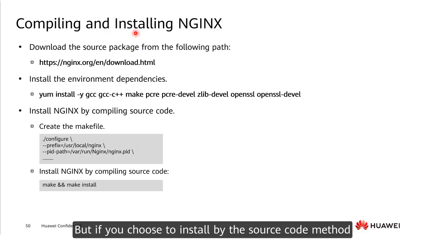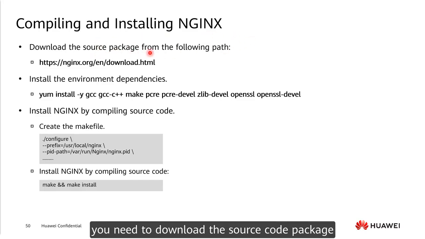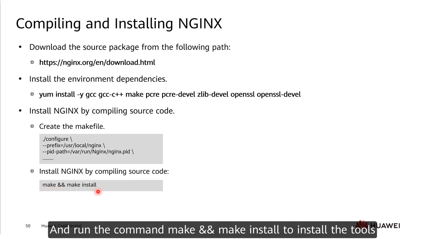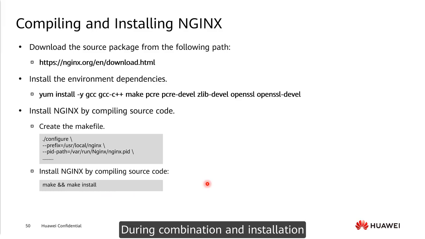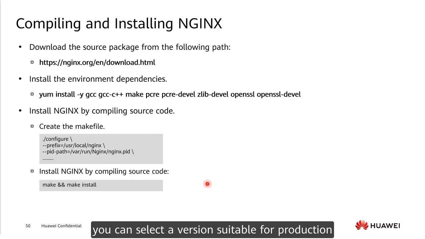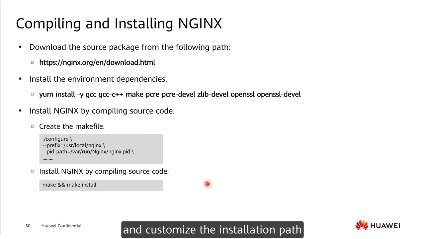But if you choose to install by the source code method, you need to download the source code package of the corresponding version from the following path. Install the tools required for compilation and run the commands make and make install to install. During compilation and installation, you can select a version suitable for production and customize the installation path, optional modules, and third-party plugins.